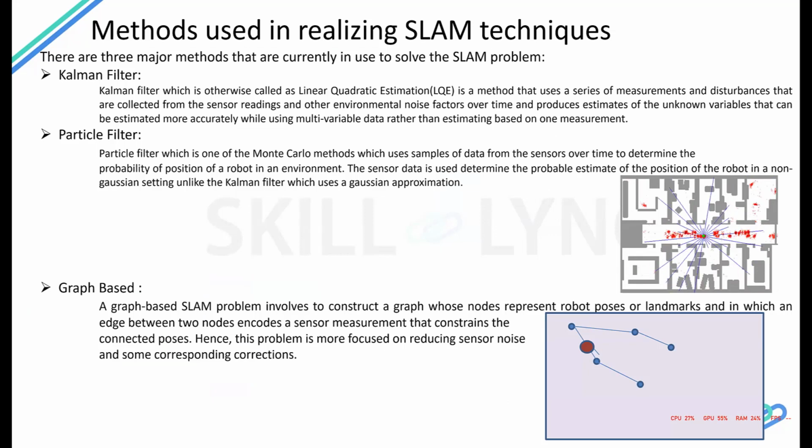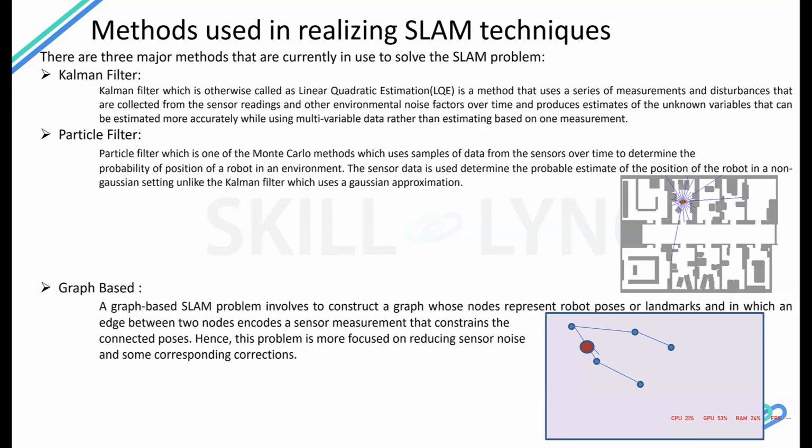Okay. Here are some of the methods that are currently in use for different SLAM systems. For any generic system, you can have a number of methods of realizing a certain function, right?